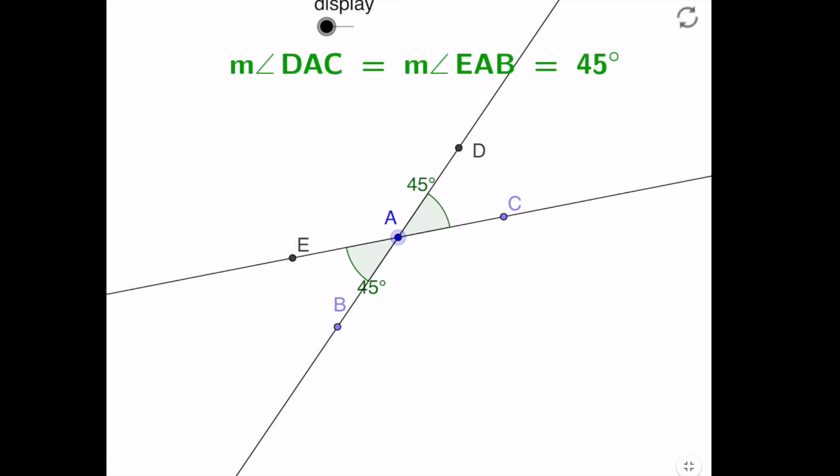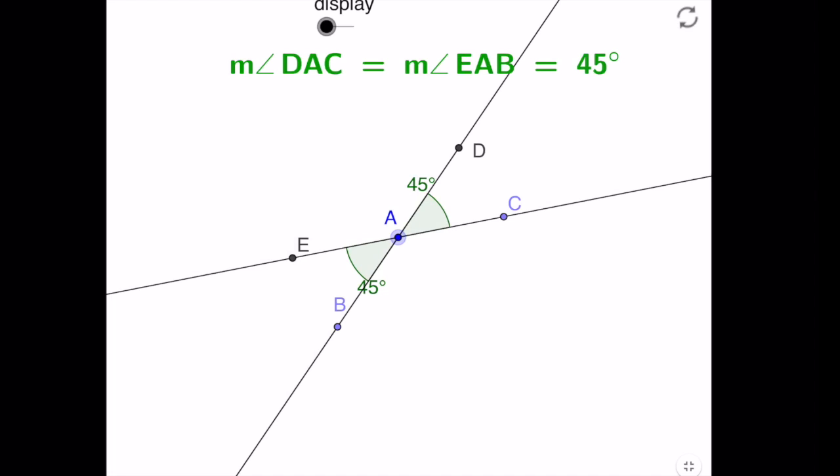So looking at that, what would you think happens to the other angles that are not drawn? I'll call them out. EAD, can we figure out what that angle is? Well, we know that EC is a straight line, so EAD has to be the supplementary angle to 45 degrees.